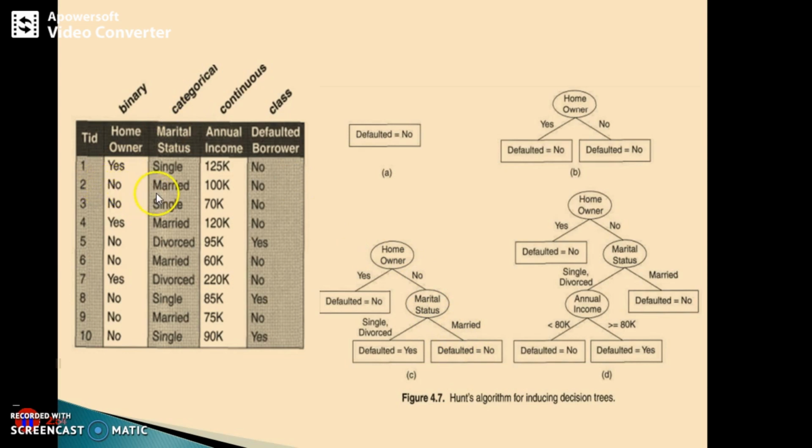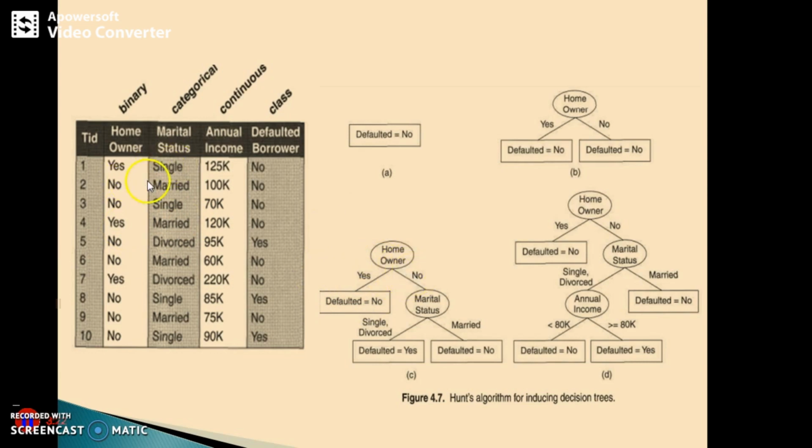Homeowner is equal to no, marital status is equal to married. So here no, married, belonging to class no, count is 1. Again here I cannot consider this. Why? Because homeowner is equal to yes here, and that classification we have already done. So here I am concentrating on only homeowner is equal to no, right?